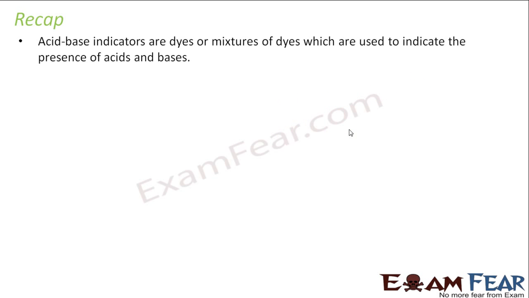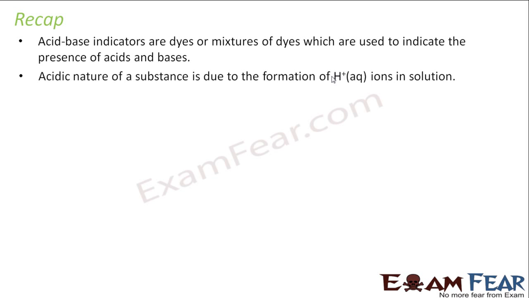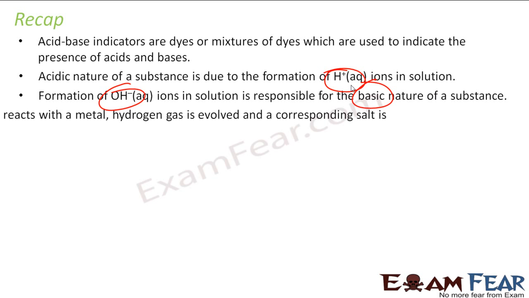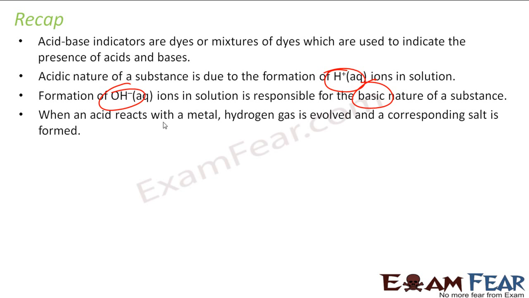Let's do a recap. Acid base indicators are dyes or mixtures of dyes which are used to indicate the presence of acid and base. Acidic nature of a substance is due to the H+ ions in the solution. Formation of OH- ion is responsible for the basic nature. When acid reacts with metal, hydrogen gas is evolved with a salt.